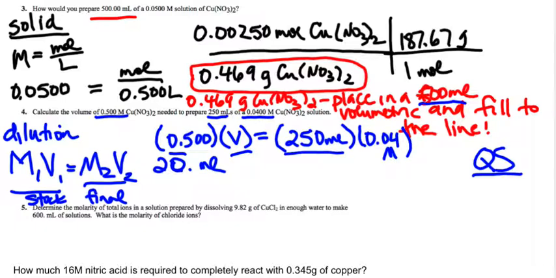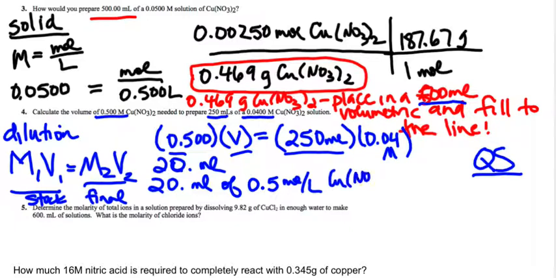You need to use that volumetric flask again, because liquids aren't always 100% additive like that, depending upon their densities and their solubility in each other. So what you're going to say is you're going to take 20 mils of 0.5 molar copper 2 nitrate. What am I going to put it in?